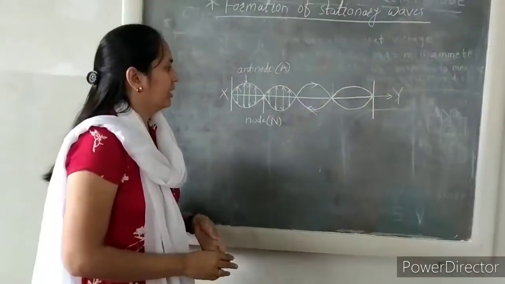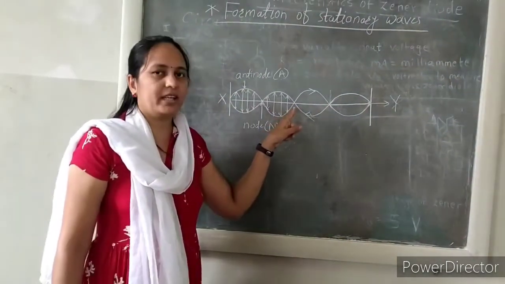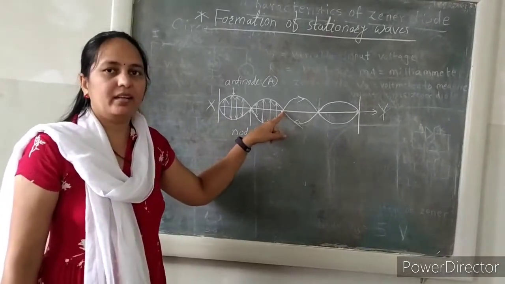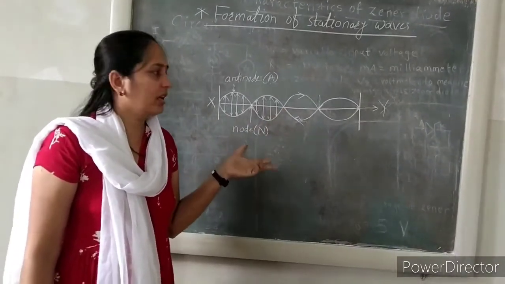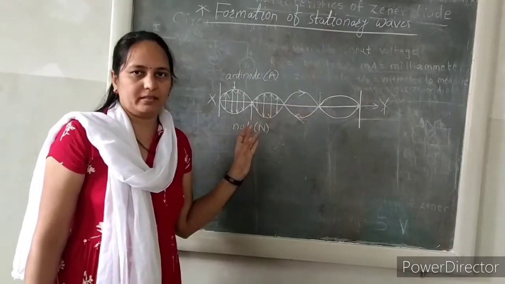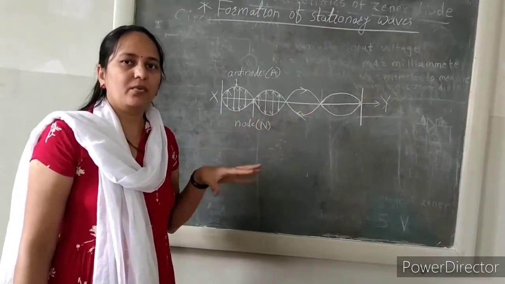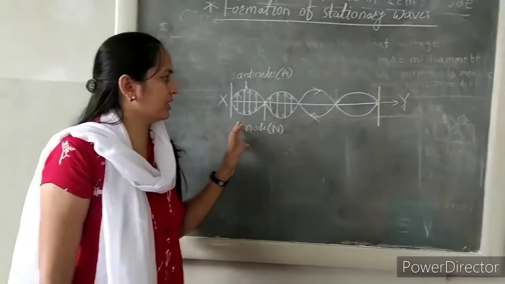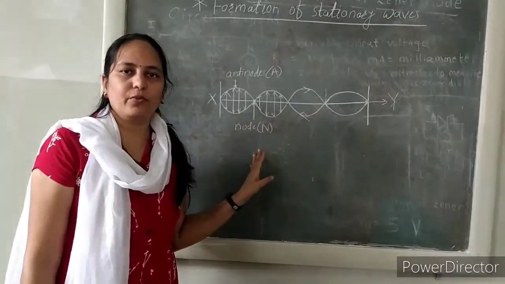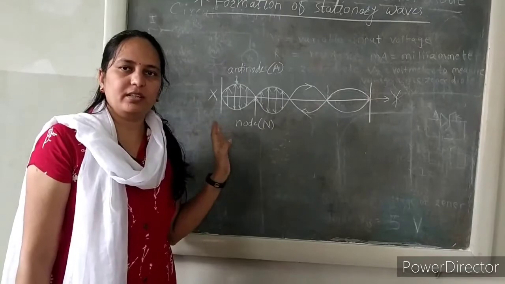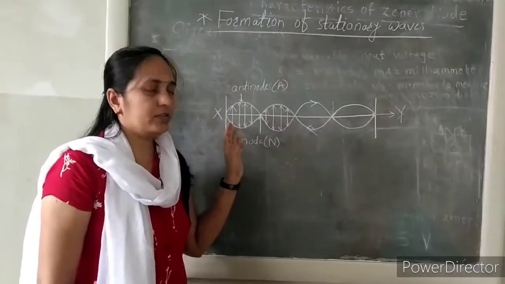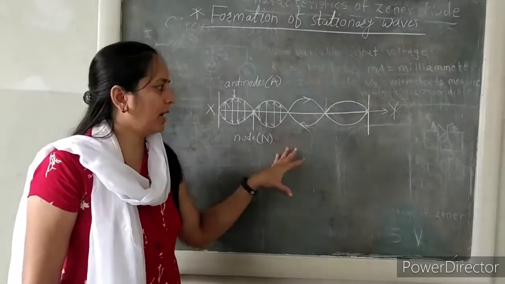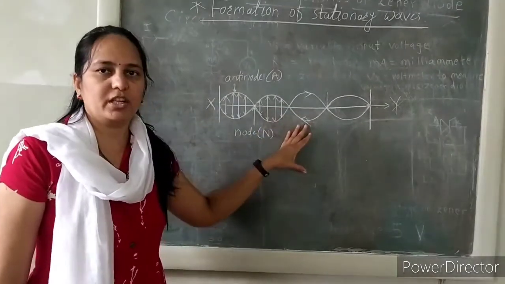If we pluck the string at the middle and release it, the string gets vibrating at a certain frequency. The release of the string produces two progressive waves traveling in opposite directions. The waves produced initially and the reflected waves combine to form the stationary waves.